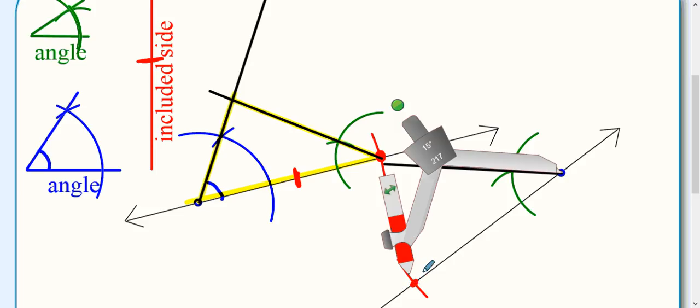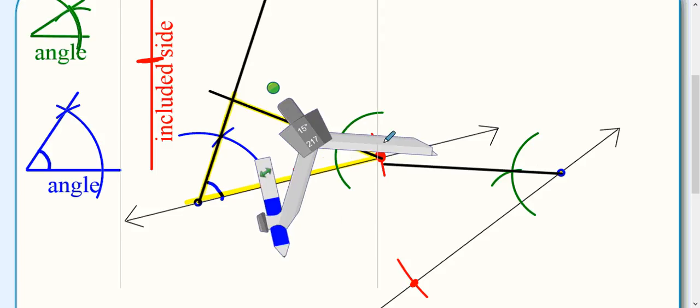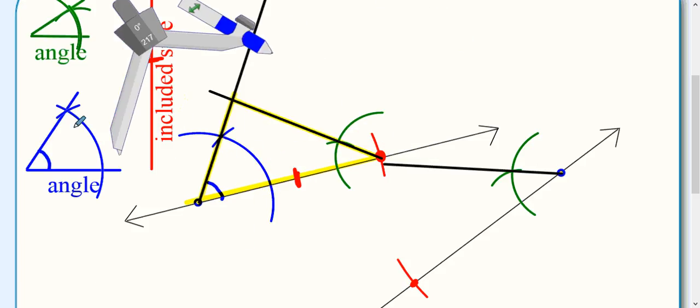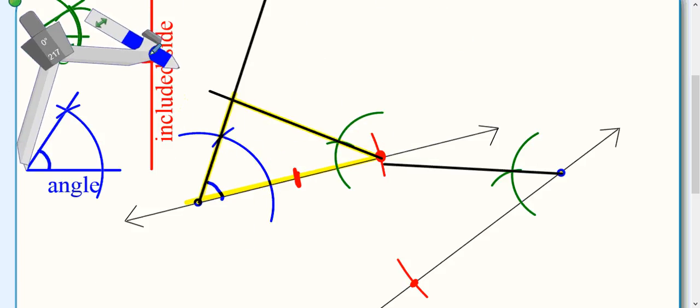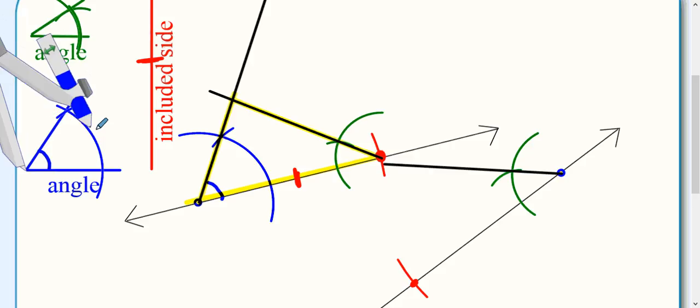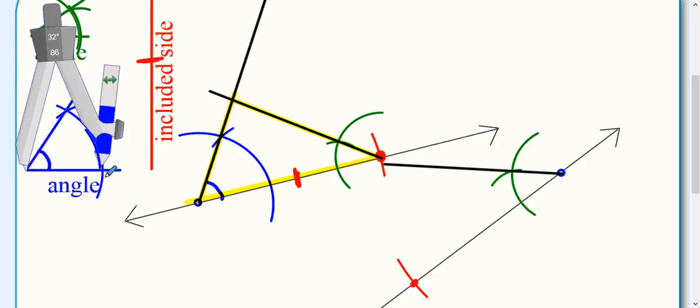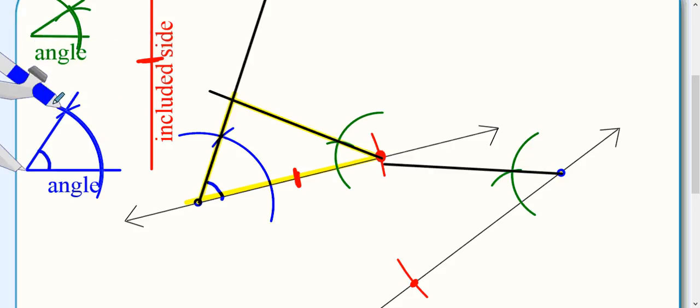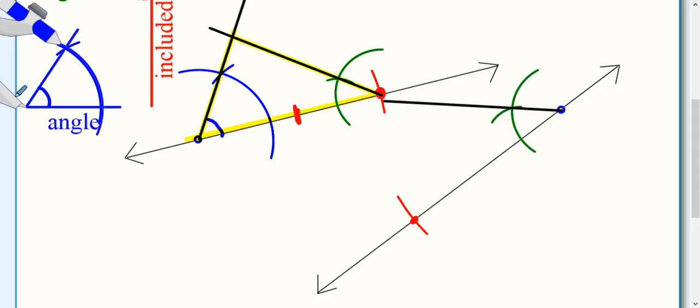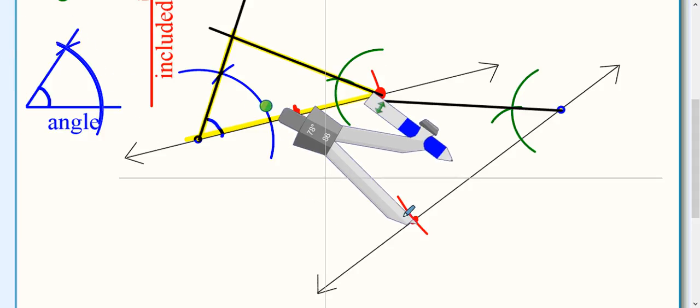And then from that red point I just created, we're now going to copy the blue angle. So you make your arc, copy that arc.